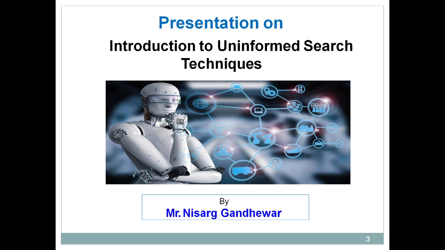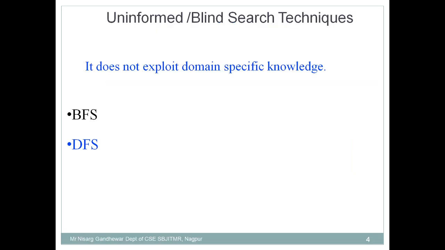Now in today's video, we are focusing on uninformed search technique, or you can say blind search technique. In this case, we have two options available: one is breadth first search and the second one is depth first search. You might already have gone through these concepts in data structures.